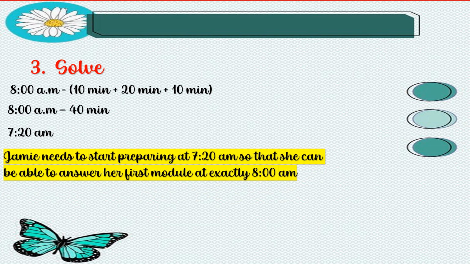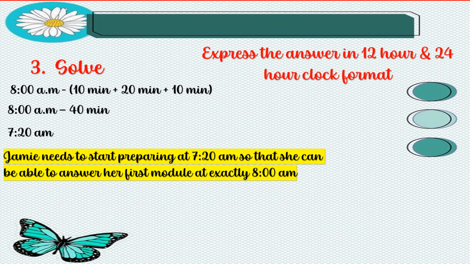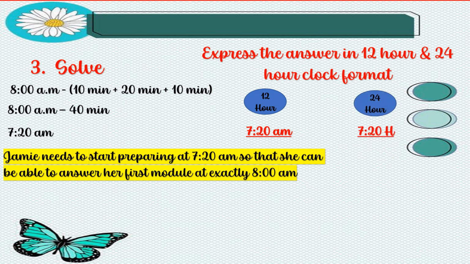So that means Jamie needs to start preparing at 7:20 AM so that she can be able to answer her first module at exactly 8 AM. Okay, so let us express the answer in 12-hour and 24-hour clock. So for 12-hour clock, 7:20 AM, and for the 24-hour clock, that is 720 hours.